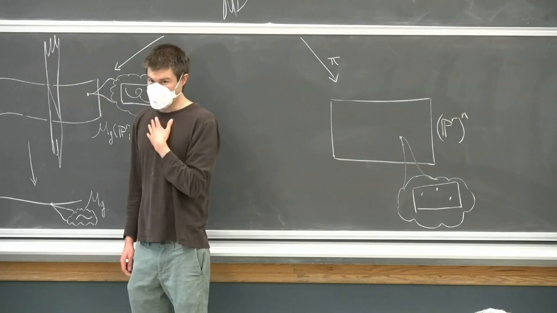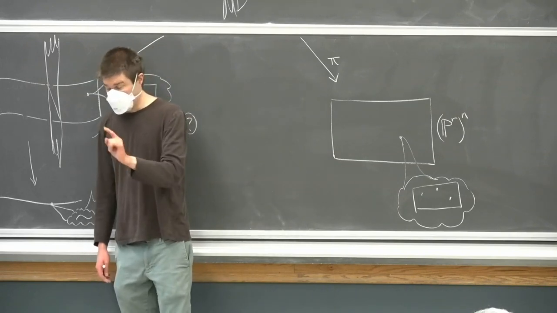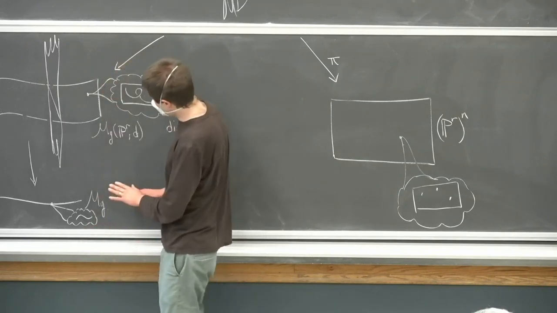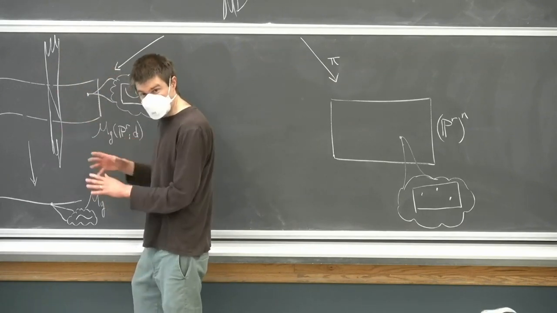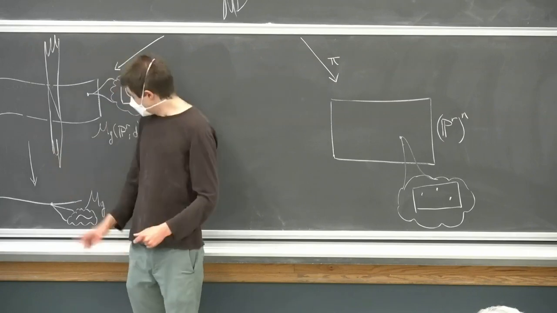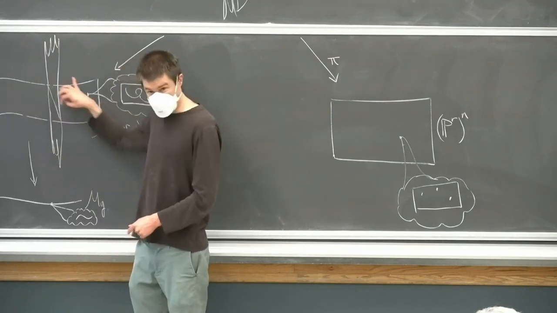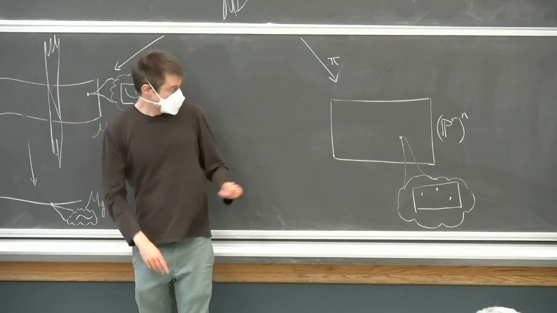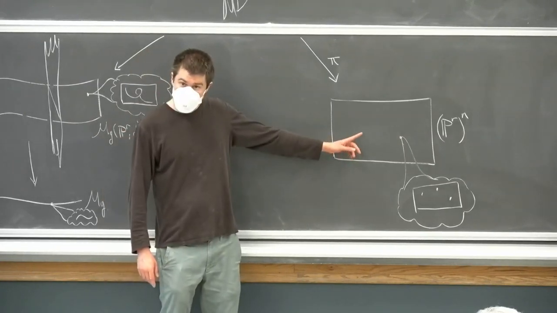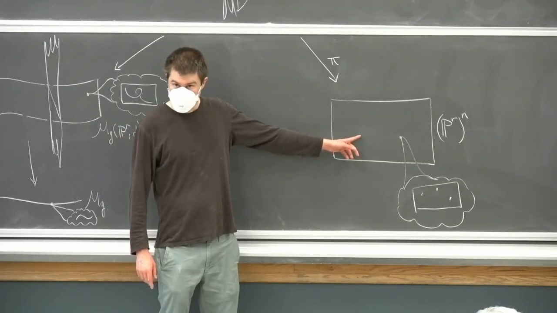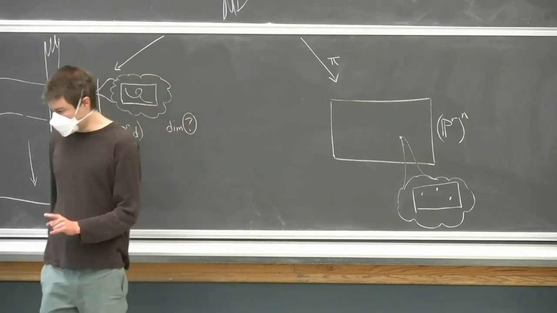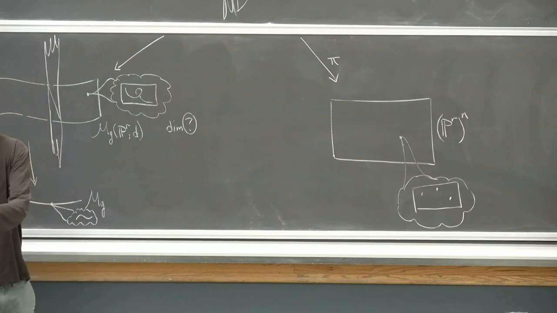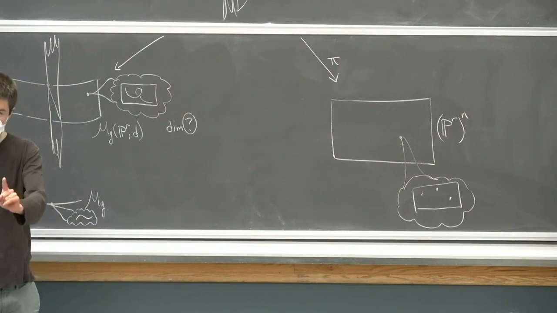In fact, there are examples where there are other components of this space that are larger in dimension than this Brill-Noether component, and which dominate P^r to the n, even when the Brill-Noether component does not. So this really does change the question. It's a different question to specify that the curves that we're considering are Brill-Noether curves.